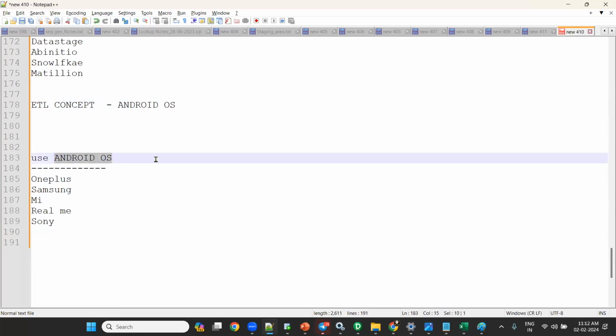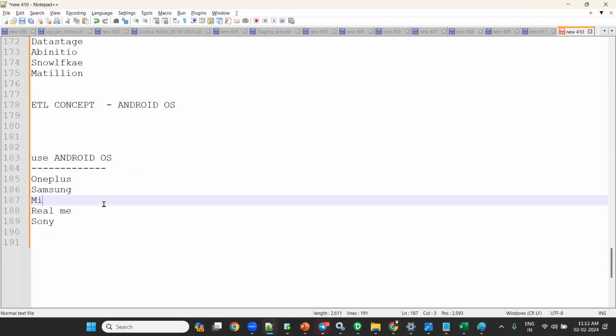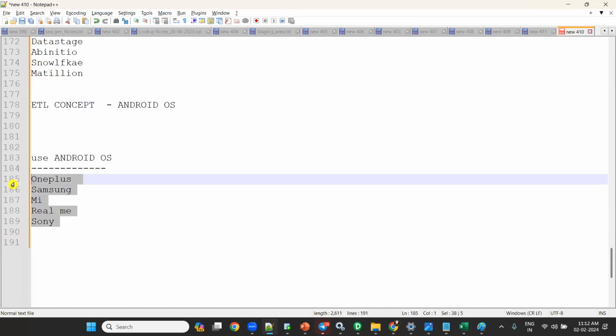It will be used on OnePlus, Samsung, MI, Realme or Sony mobiles. The look and feel may be different, maybe some extra features or fewer features, but ultimately all will do the same work, installing applications and working with the applications.